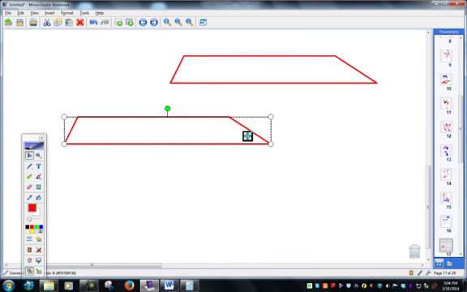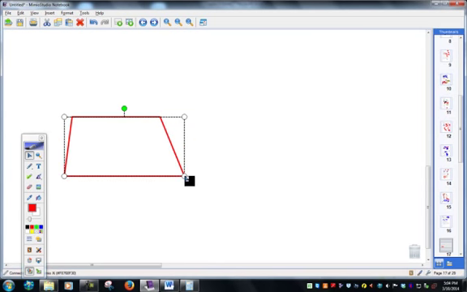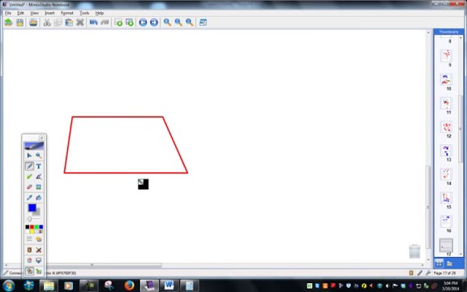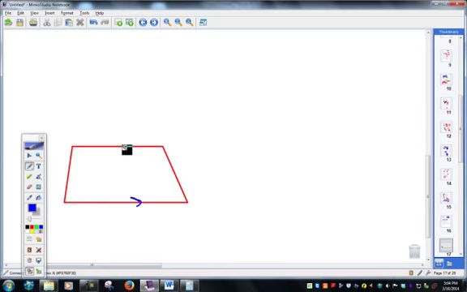Now, actually, before I do that, I'm going to delete one of these. I'm going to make this a little smaller. No need for it to be so large. But you can see that obviously there's my parallel sides, and then I don't know where it went. There it is. And there's my parallel side.